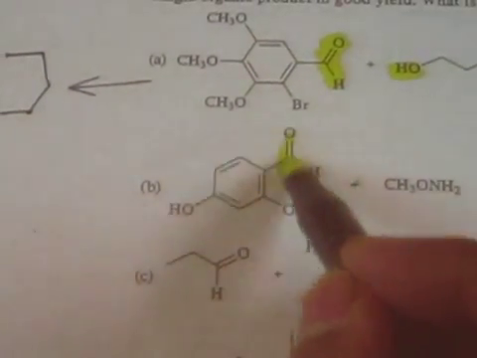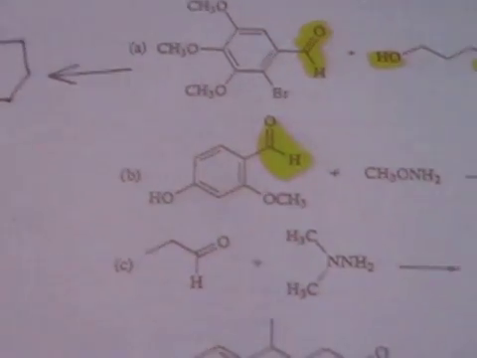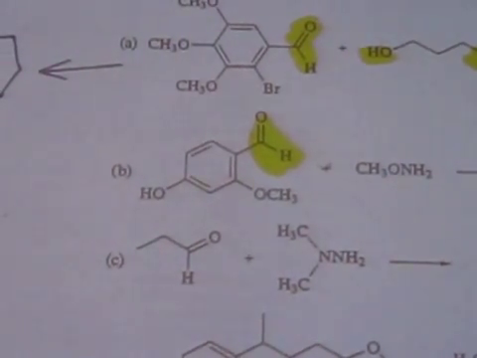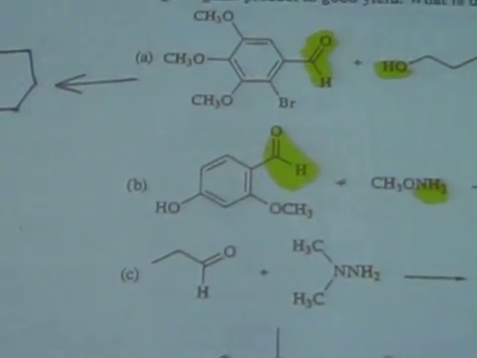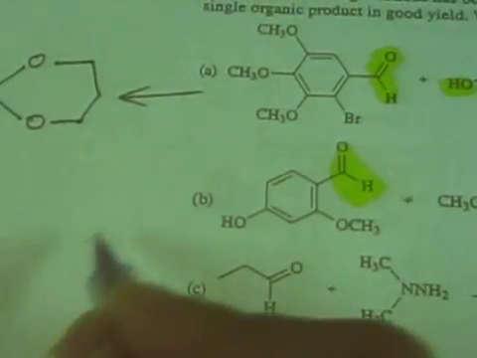Second reaction likewise, focus on the reactive group. The reactive group is again the aldehyde, and that's going to react with an amine, NH2, and it's going to eliminate a molecule of water.